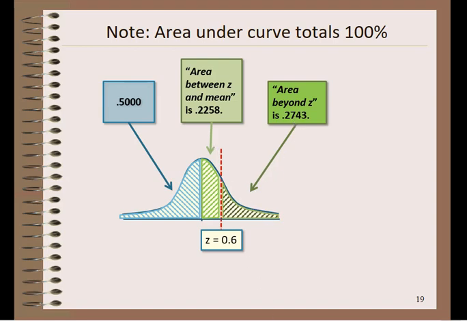Just to summarize, if my arrow is going to the left, I need to add these two areas between the z and the mean. I need to add the 0.5 to it. If, on the other hand, I am going to the right, then all I need is this area beyond. It should make sense that all that together adds up to 100%.